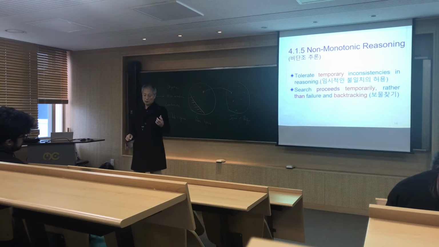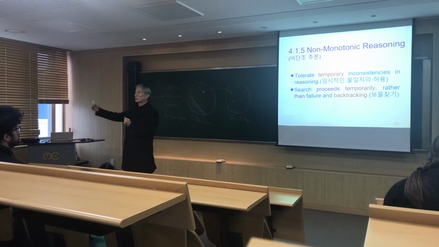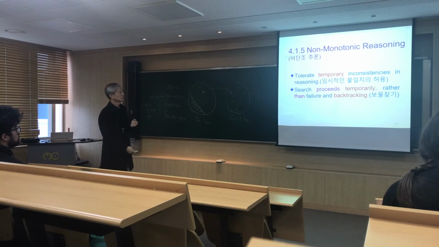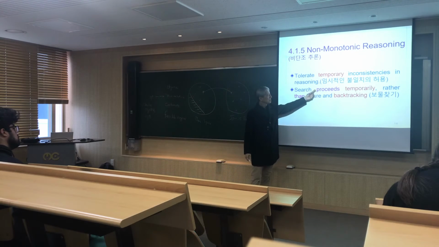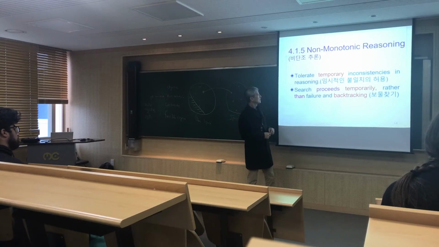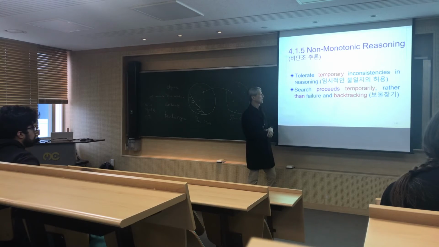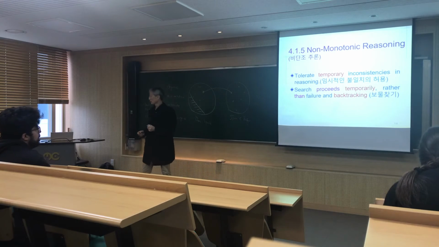Sometimes it is violating, but we can keep it, because there are so many factors, variables. So we can keep this violation for the time being to search for another alternative. So they are saying search proceeds temporarily, including that failure. Right? Inconsistency means failure, violation. And then go on to backtrack.